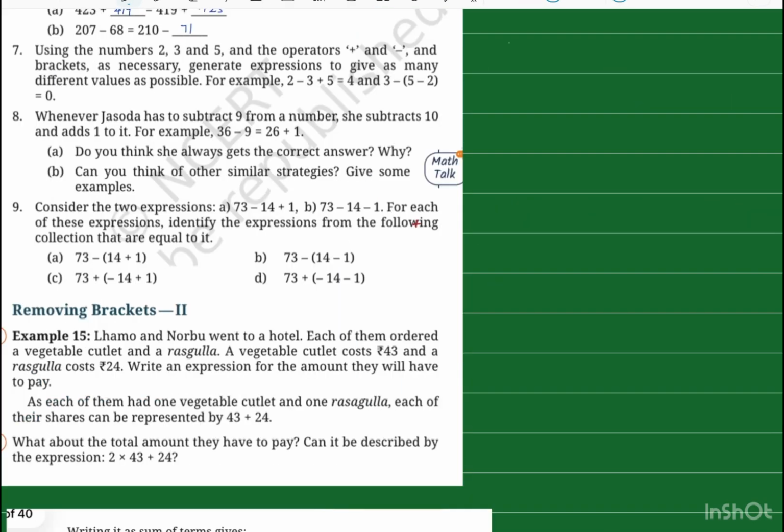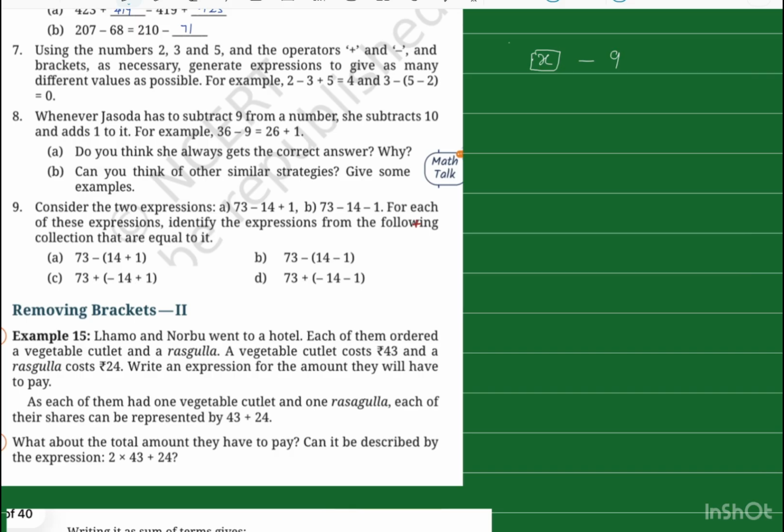Eighth question. Whenever Yashoda has to subtract 9 from a number, she subtracts 10 and adds 1 to it. For example, 36 minus 9 is equal to 26 plus 1. Take a number to subtract 9 from, let it be x minus 9.